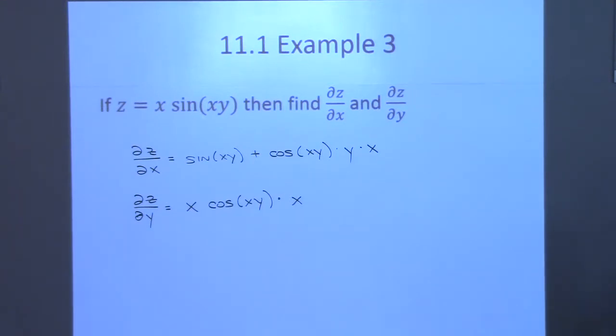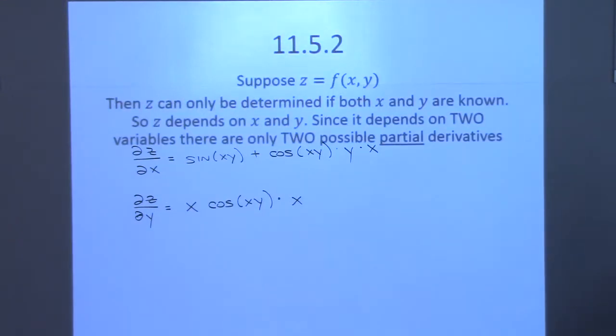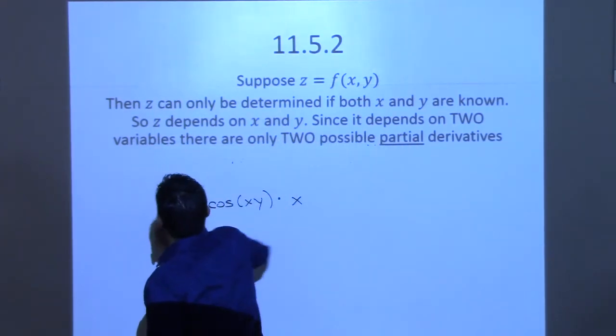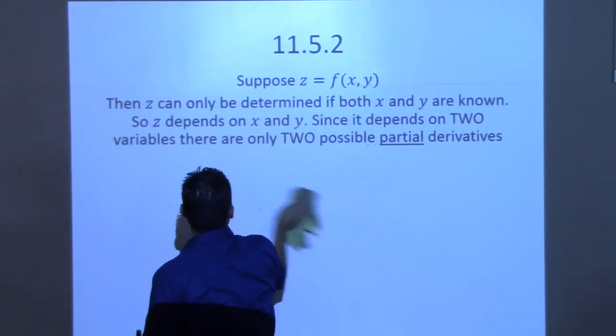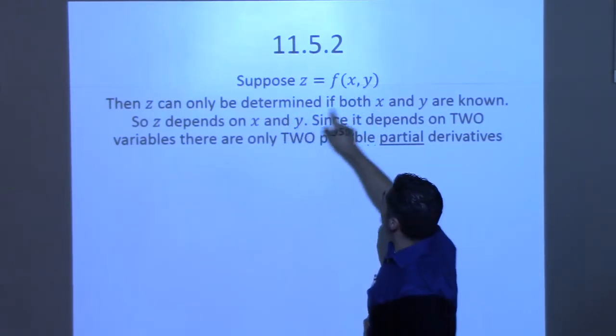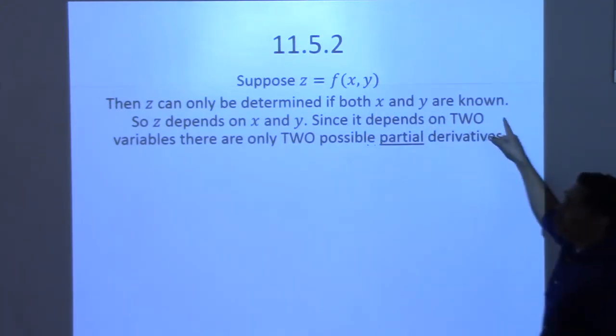There's nothing new there. What's new is the way I want you to now visualize this. So let's say that z is a function of two variables, then z can only be determined if x and y are known.